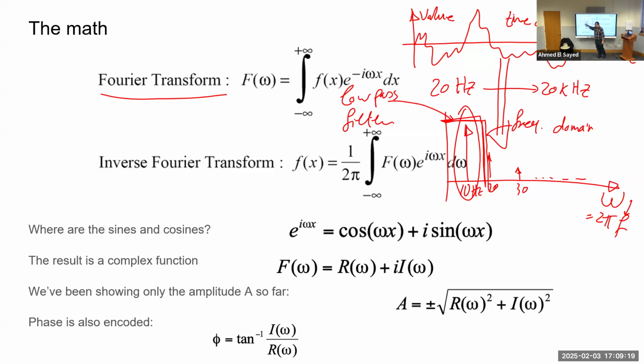How can I explain this in this frequency domain plot? If the window I'm trying to isolate starts from zero frequency and goes up to some specific limit, this is called a low pass filter.